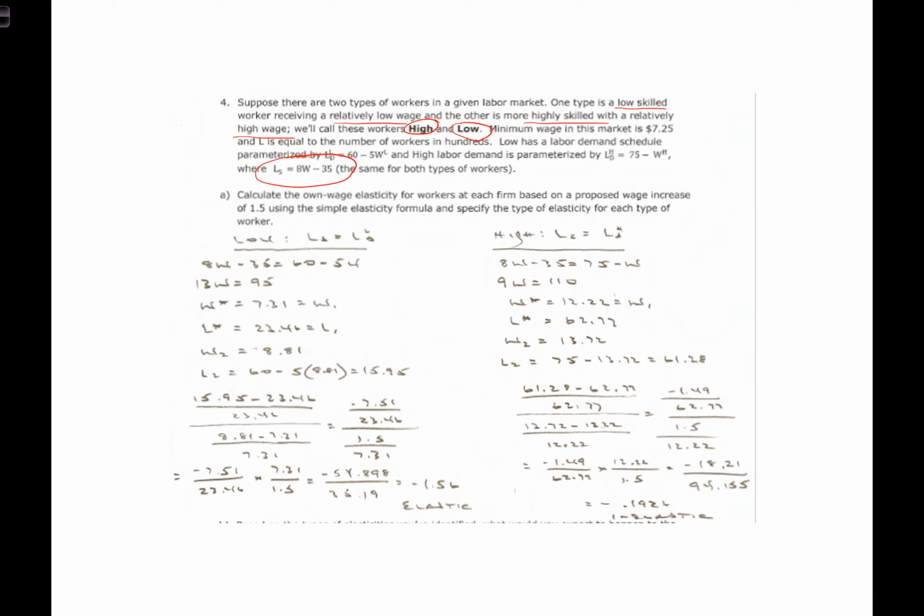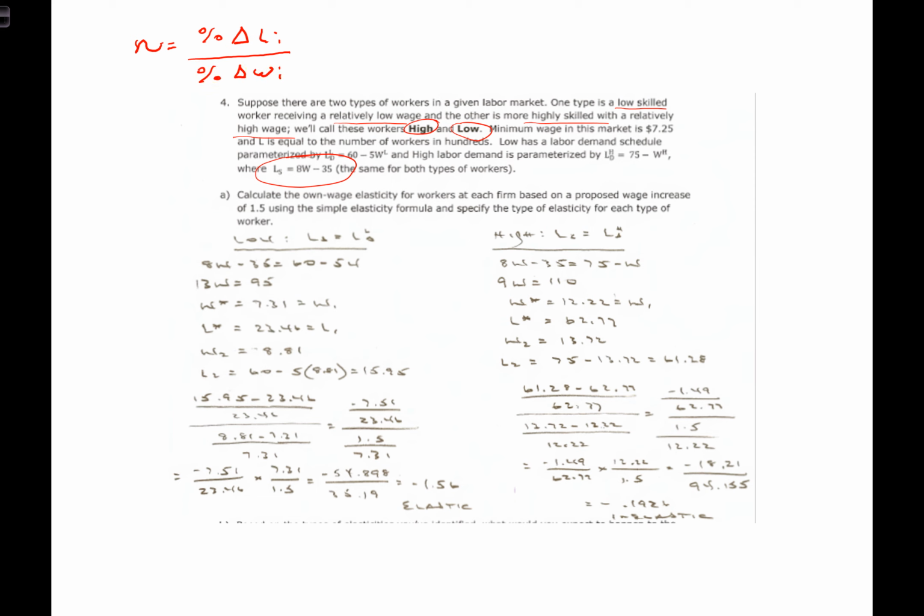So first we're going to identify the own wage elasticity for workers at each firm. Remember, own wage elasticity is this funky little n being equal to percent change in L for worker i divided by percent change in W also for worker i.